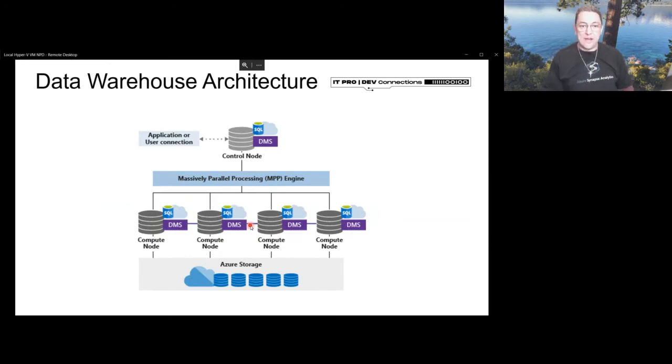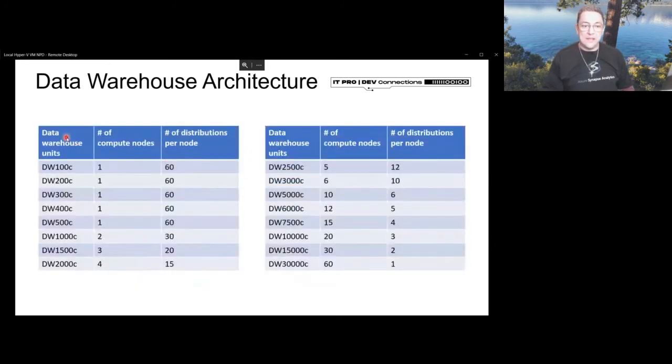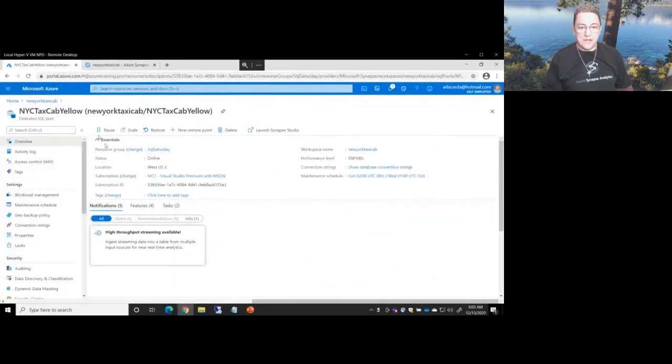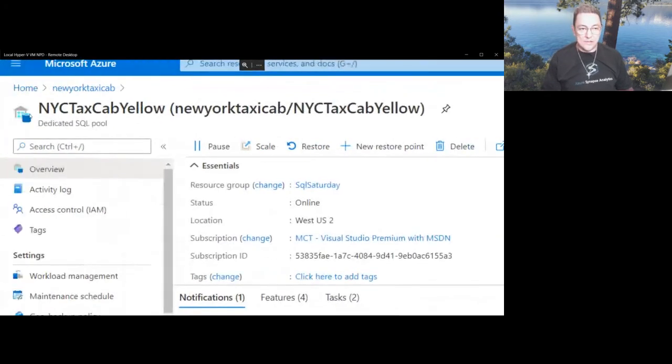And this is defined by the data warehouse units, the DW units, or DW for short, that I associate with my dedicated SQL pool. So if I go back here to the portal and look into this, you can see here that's my dedicated SQL pool.